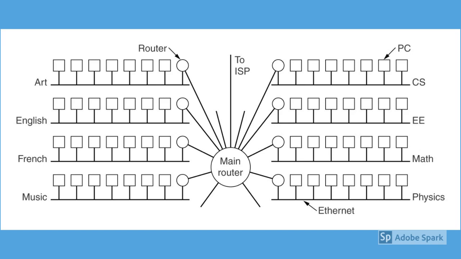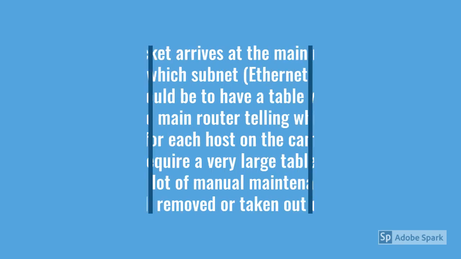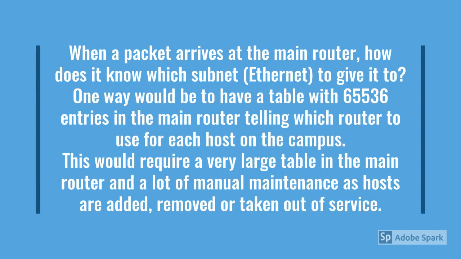The main router has an interface which forwards packets to the external ISP or the Internet Service Provider. So these individual networks like CSE, electrical, MAX, etc. are called subnets.